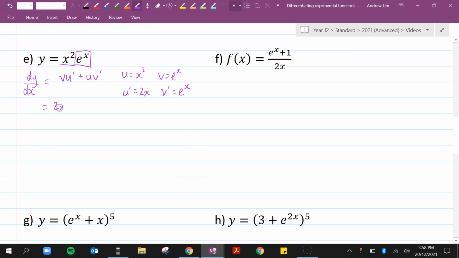So that gives us 2x e to the power of x plus uv dash, these two multiplied together, is x squared e to the power of x. I'm going to factorize this just to simplify it. I'm going to bring out an x e to the power of x, leaving me with 2 plus x in brackets.